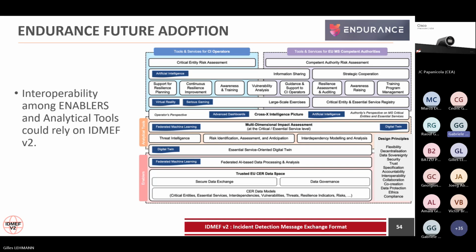One is the data space for trusted CR, based on security data exchange, data governance and data models. Another one is a federated machine learning framework for data processing and analysis. And the last one is the digital twin for essential service-oriented applications.